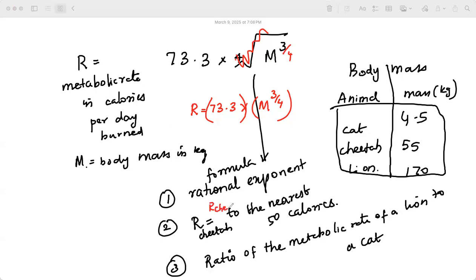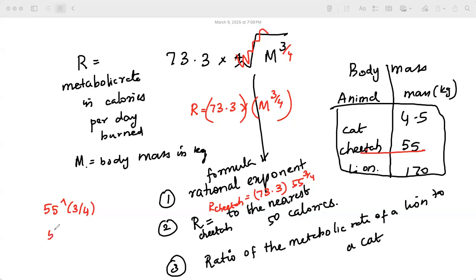Now R of a cheetah: just plug in the values, 73.3, and M for the cheetah is 55, so 55 to the power 3 by 4. When you put it in the calculator, please make sure 3 by 4 is in parentheses.